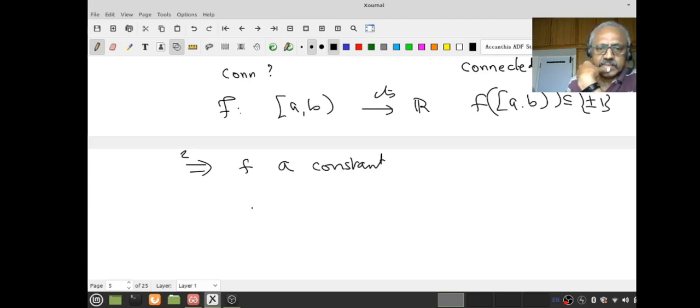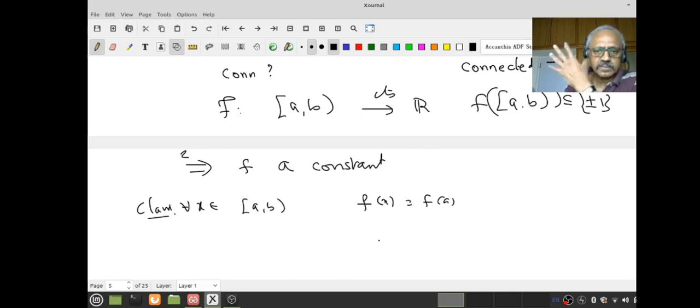Now notice that when I restrict to any x in the interval [A, B), I am claiming f of x is the same as f of A. This is our claim. Then does it prove f is a constant? Yes, because f is the constant equal to f of A. How do I prove that?